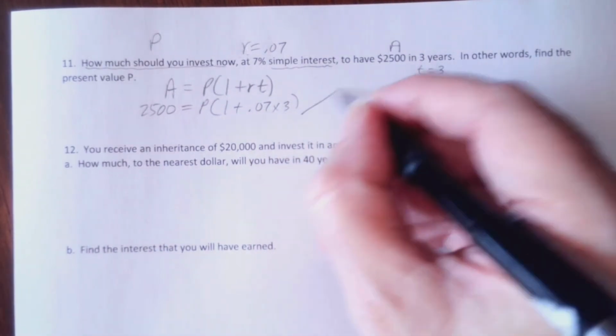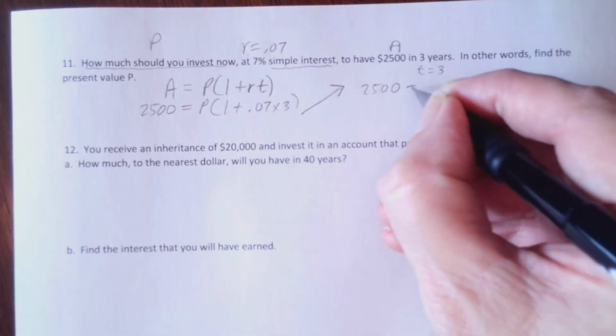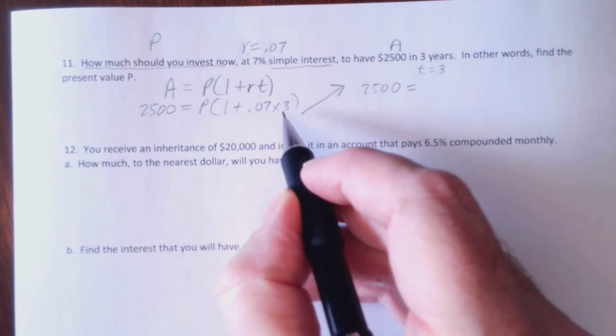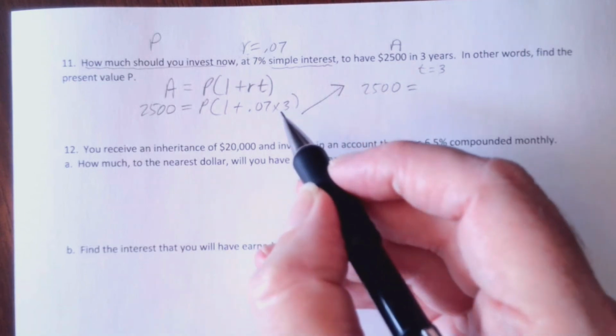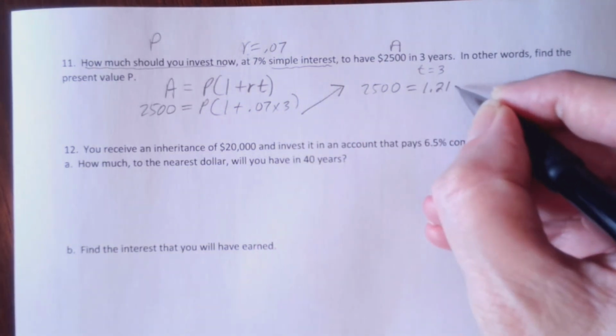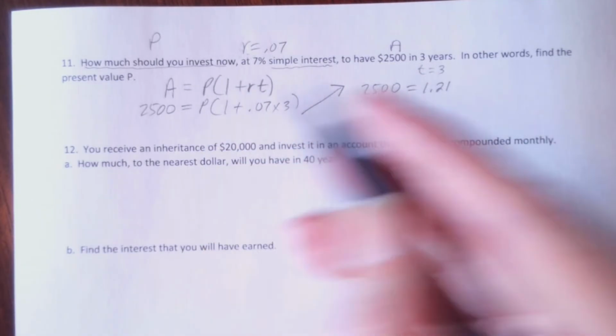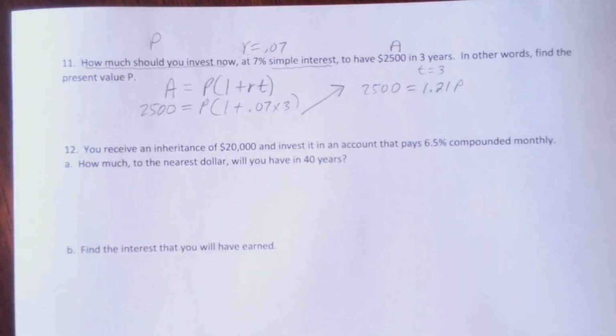And so I'm going to go ahead and rewrite this over here. You're going to get 2,500 is equal to, and when you multiply this out, let's see, you get 1.21. So it's 1.21 times P. So this is the 1.21, and this is our P.